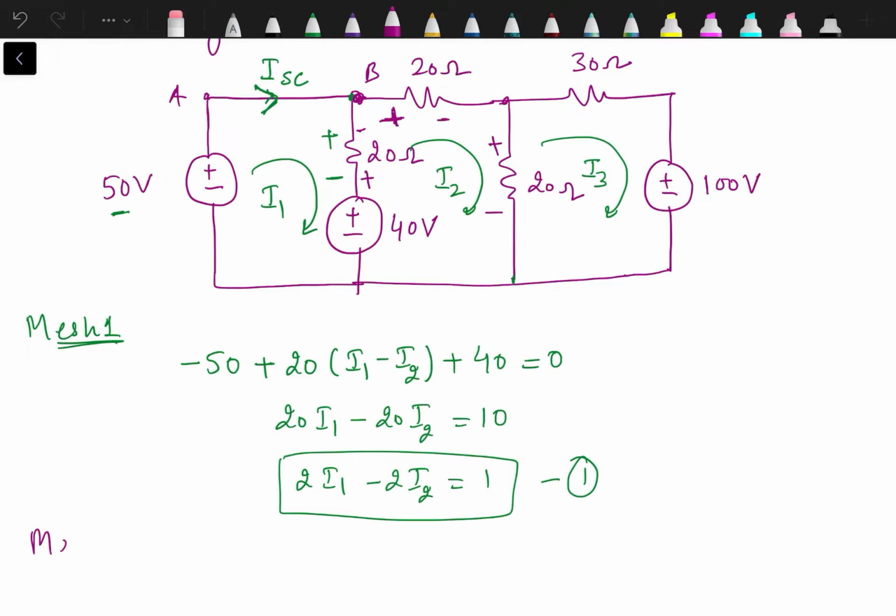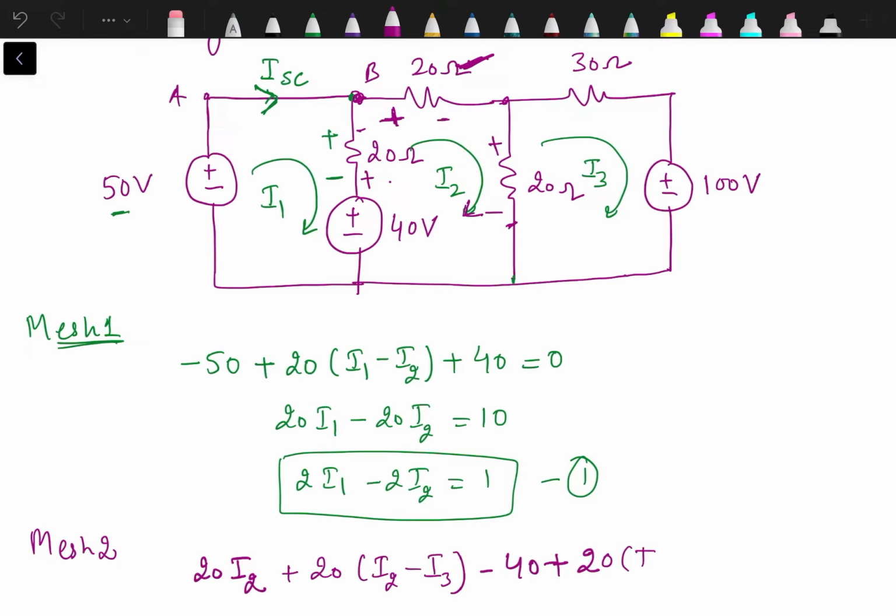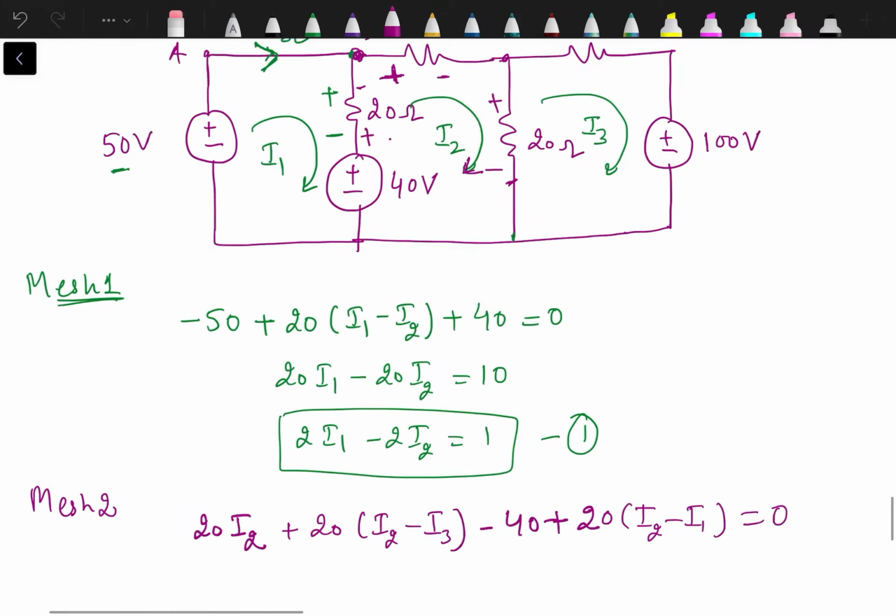So the mesh 2 equation, starting from this 20 ohm resistance, 20 into I2, then moving on to the next 20, plus 20 into I2 minus I3, that is the resultant current through this 20 ohm resistance in the direction of I2, minus 40, and then the last resistance 20 ohm, which is common to the second and first mesh, 20 into I2 minus I1 equal to 0.